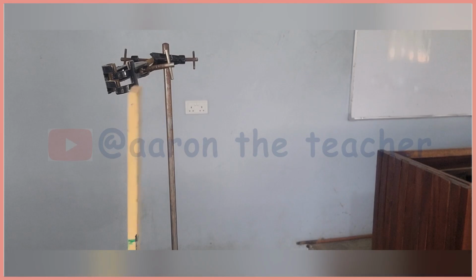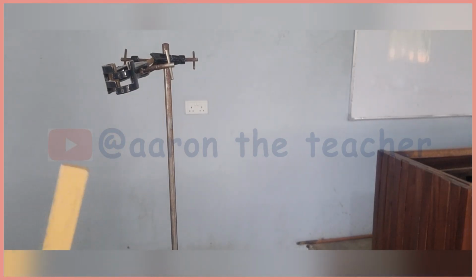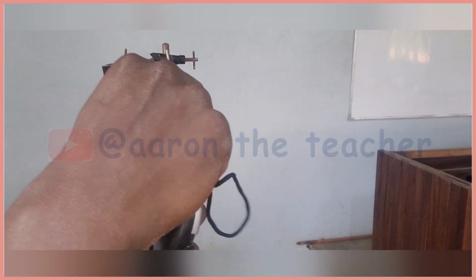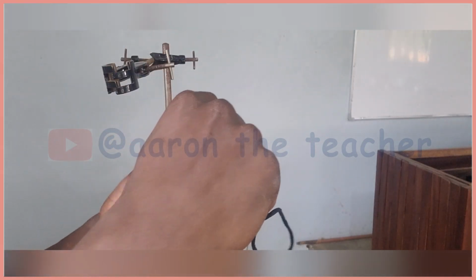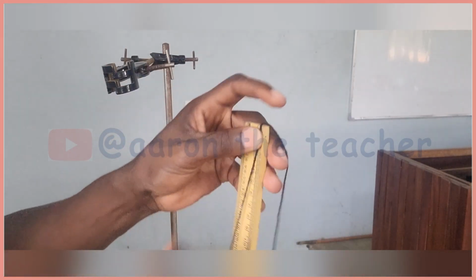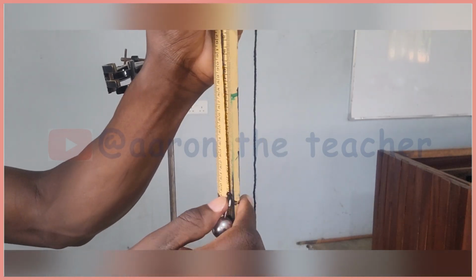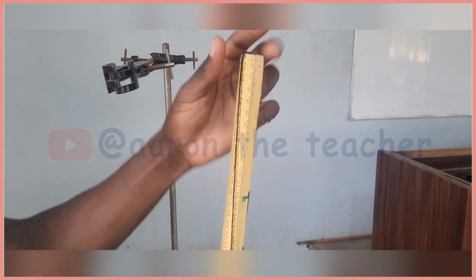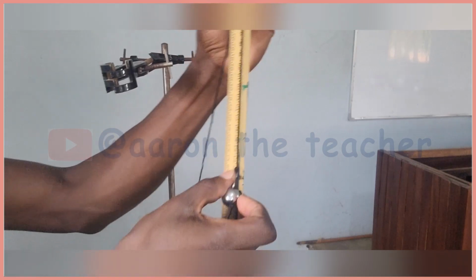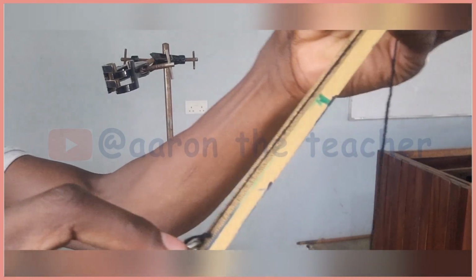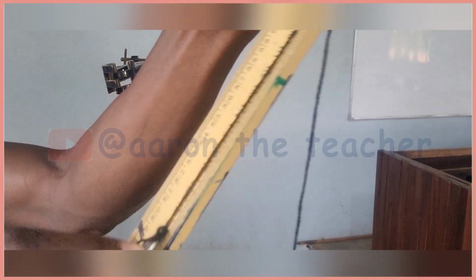As our procedures say, we shall begin with a length of 20 centimeters, so I'm going to measure 20 centimeters using the meter rule, up to there. As you can see, it is going up to 20 centimeters.